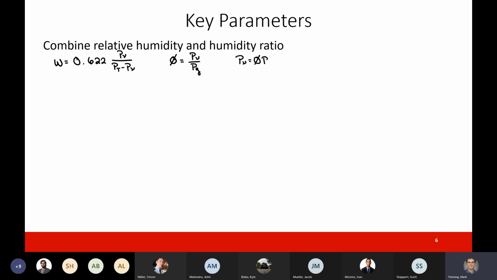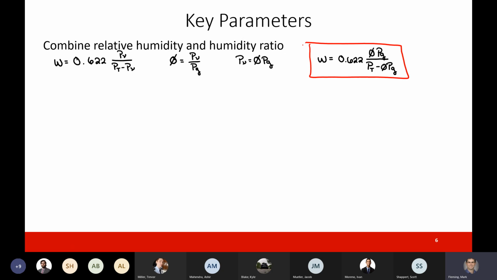This will become Phi P sub G. If we make these substitutions, we can solve for the humidity ratio, which is going to be 0.622 times the relative humidity times the saturation pressure at the given temperature, divided by the total pressure minus the relative humidity times P sub G. So this will be one form of the useful combination.